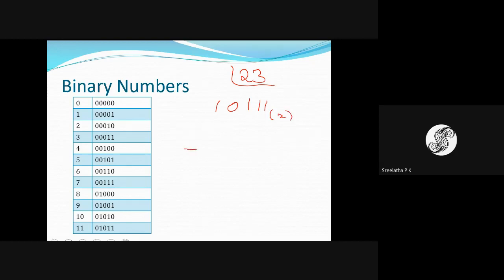Now, how do you convert into decimal? I'll just tell you how to convert into decimal. Suppose I have a binary pattern like this, and I want to find its decimal value. Many of you will be knowing, just observe this. The units place 1 is 2 power 0, and this is 2 power 1, 2 power 2, 2 power 3, and 2 power 4.